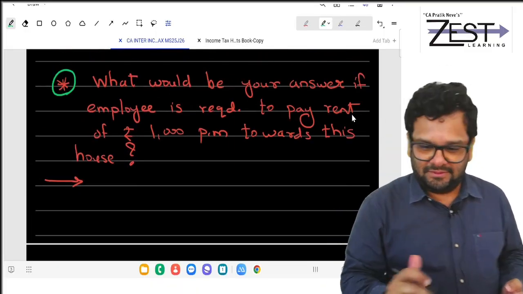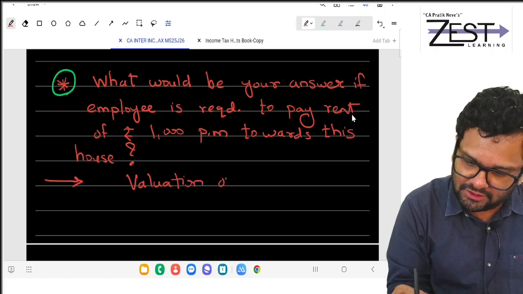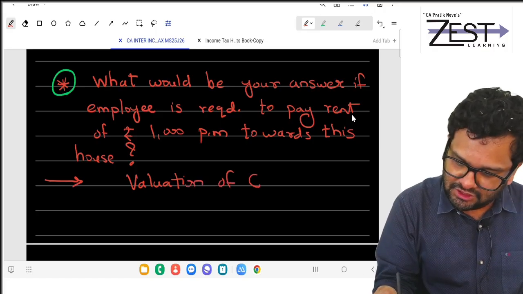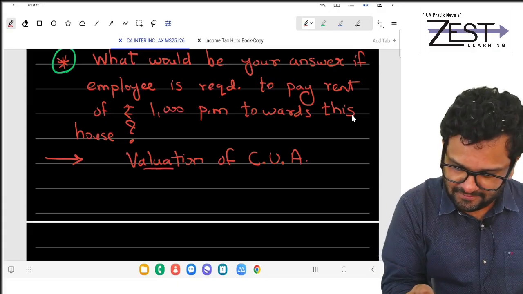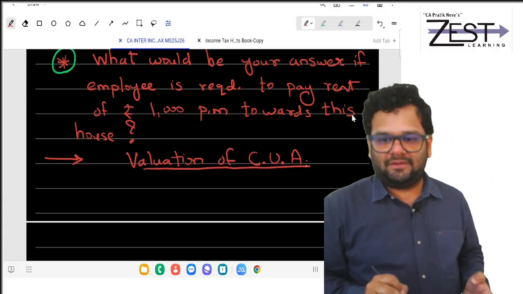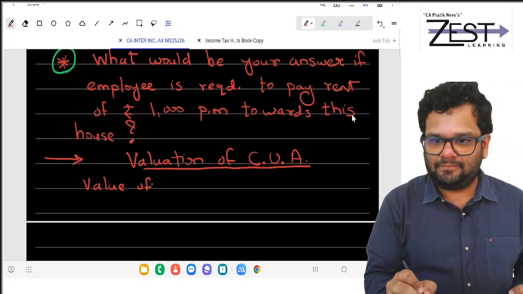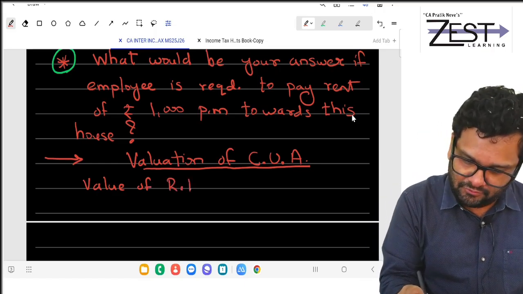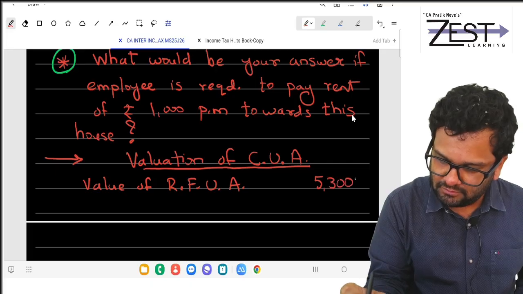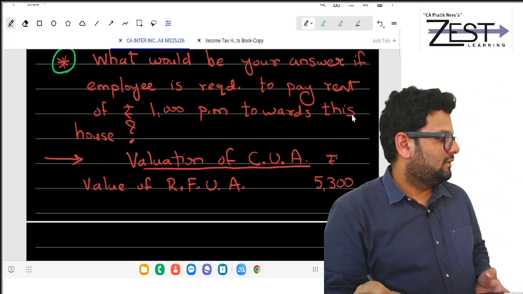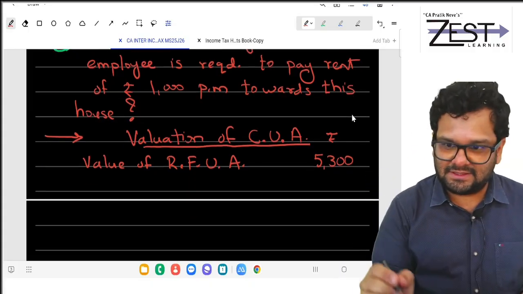Okay, what would be the answer? Then it will be what? The valuation of, in our code language, concessional unfurnished accommodation. In that, can you tell me what is the value of rent free unfurnished accommodation? 2 minutes ago you found out 5300, less what?